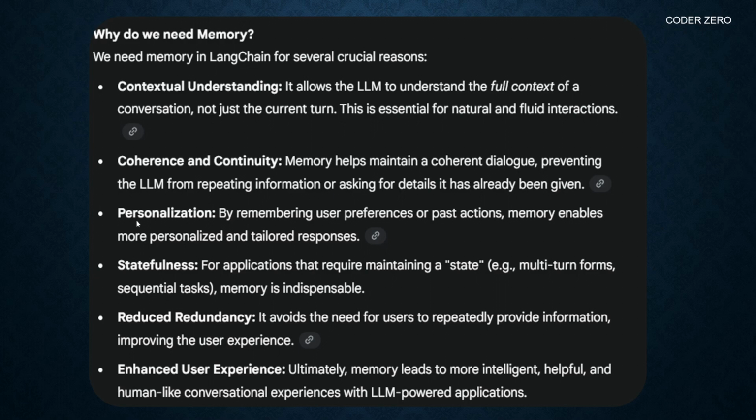And it helps in personalization. By remembering the user preferences or past actions, memory enables more personalized and tailored responses. And we have statefulness. For applications that require maintaining a state, such as multi-turn forms and sequential tasks, memory is indispensable. It also reduces redundancy, so it avoids the need for users to repeatedly provide information, improving the user experience.